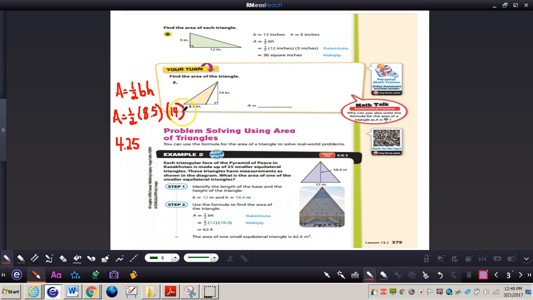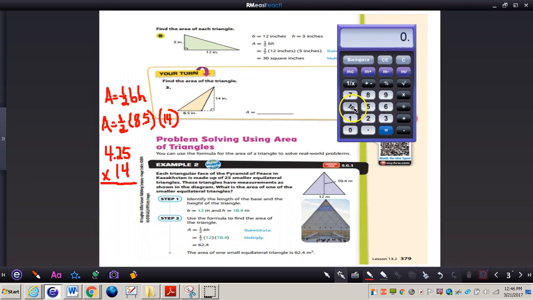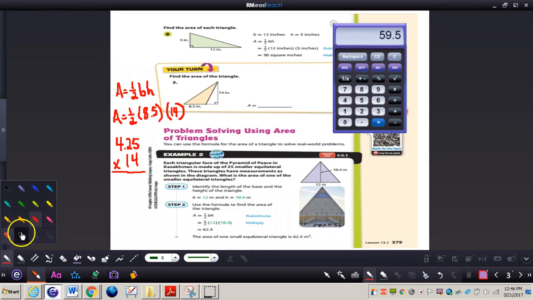Now we're going to multiply that 4 25/100 times 14. And we can use a calculator for this. 4 25/100 times 14 is going to give me 59 5/10 inches squared. So we can write that for our answer. Area equals 59 5/10 inches squared.